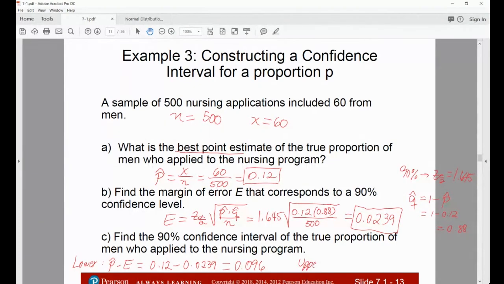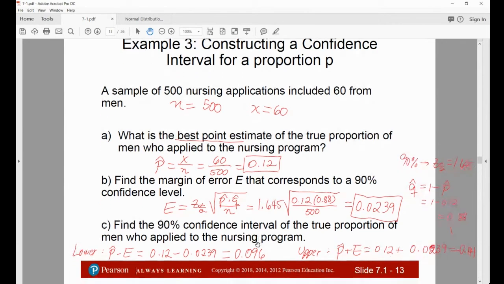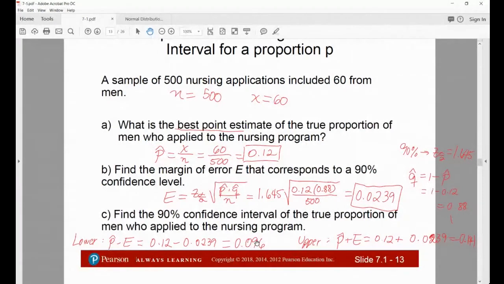And now the upper limit is p hat plus the margin of error. So 0.12 plus 0.0239, and then round to 3 decimals. So 0.144. So what will be the final answer? What will be the confidence interval?